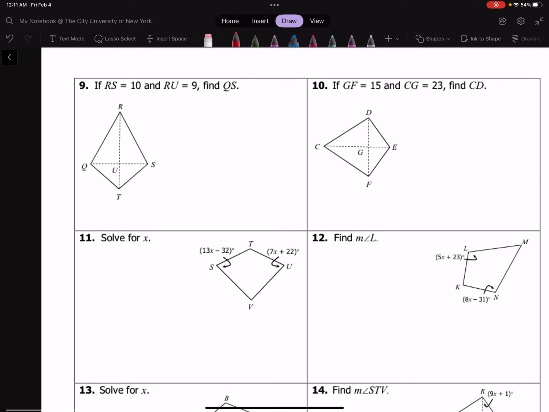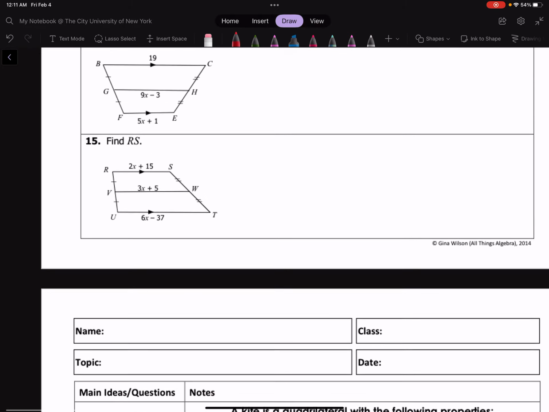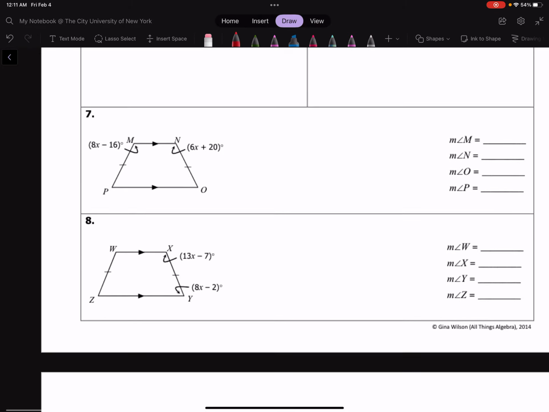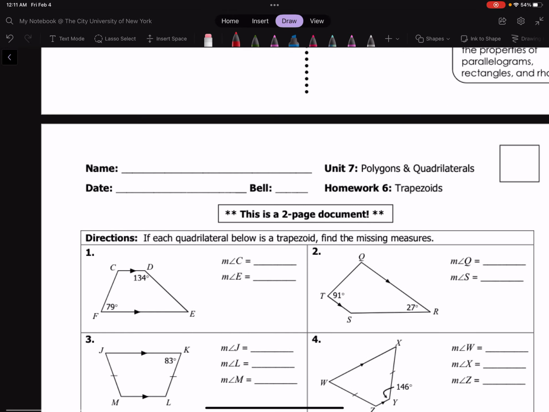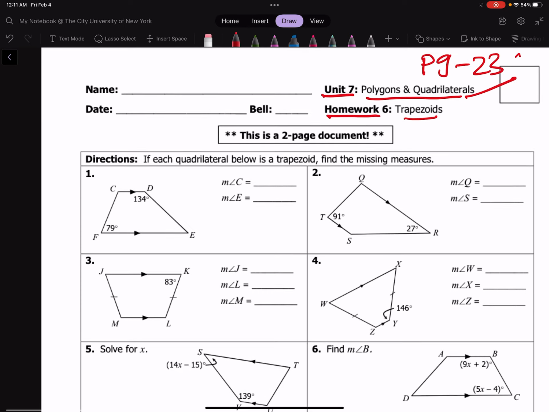Yes, this is in your packet, page 23: unit 7, polygon quadrilateral, homework 6, trapezoid.